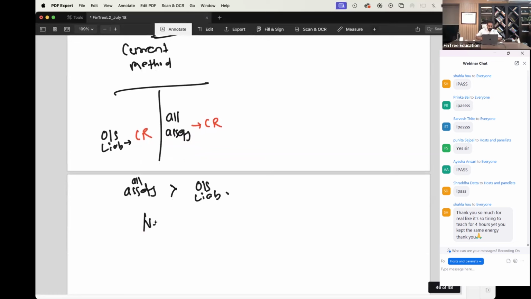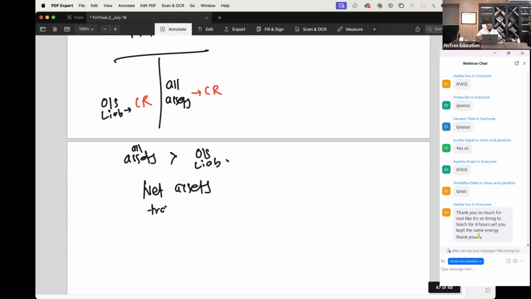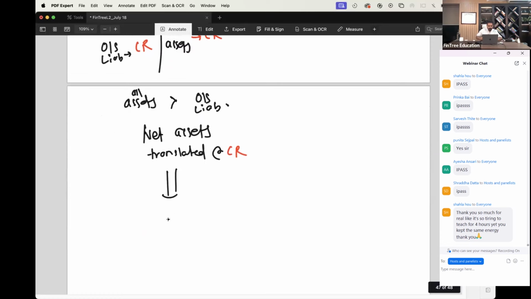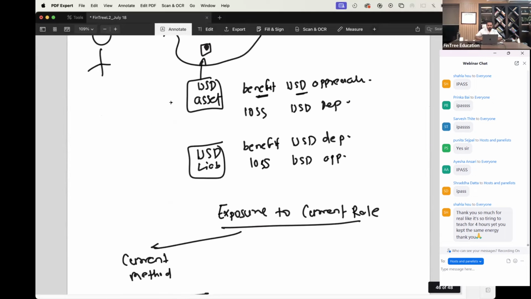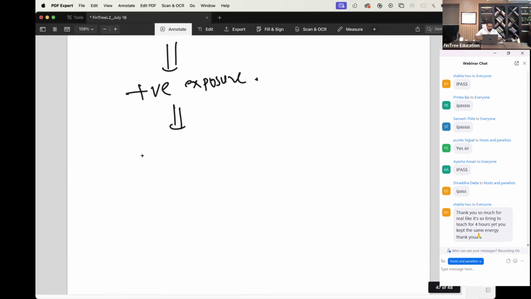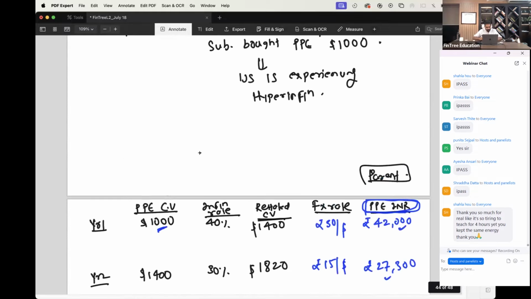Correct? That means I will have net assets which are translated at current rate. That means generally under current method, you will have a positive exposure, like an asset. So in this situation, you will benefit if the foreign currency appreciates, and you will have a loss when foreign currency depreciates.